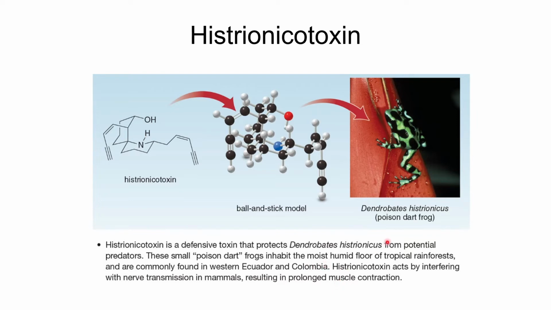And I think from an evolutionary advantage, it makes it so that these frogs are less likely to get eaten by other animals. And also with their coloring, that warns off certain predators. So kind of a cool chemistry. So that is histrionicotoxin.